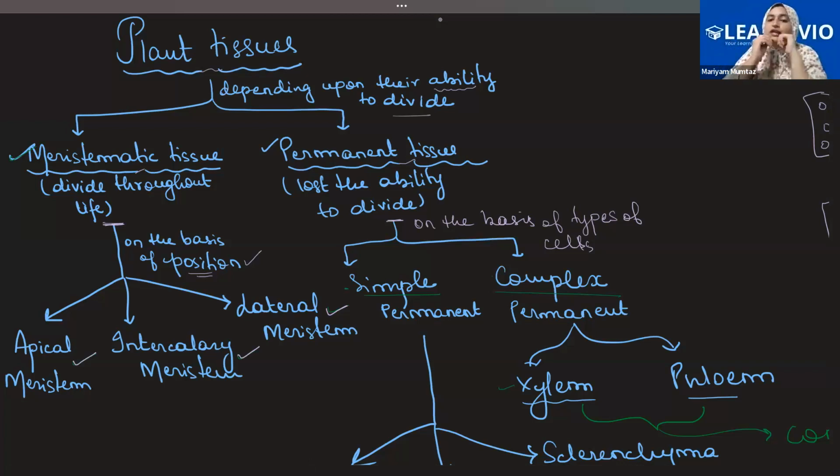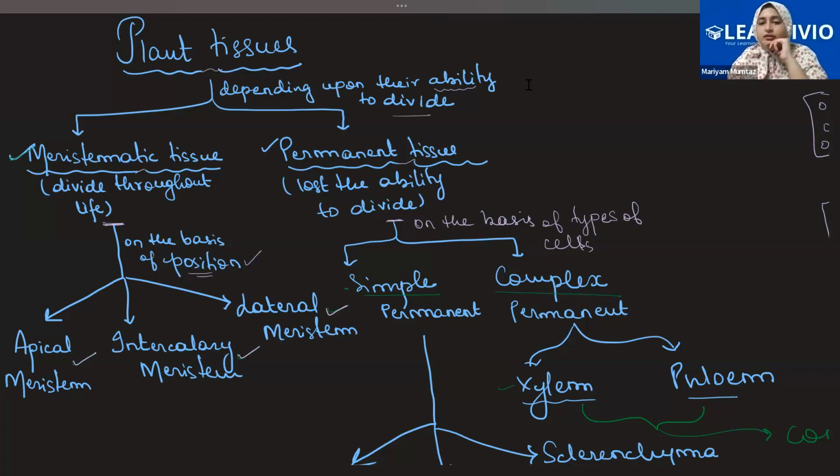If the cells present in the tissue are of one type, all of them look the same, that is what we call simple permanent tissue. And when all the cells present in the tissue are of different types, that is what we call complex permanent tissue.